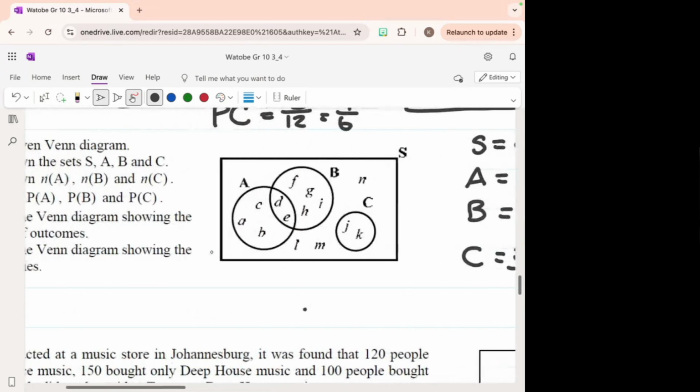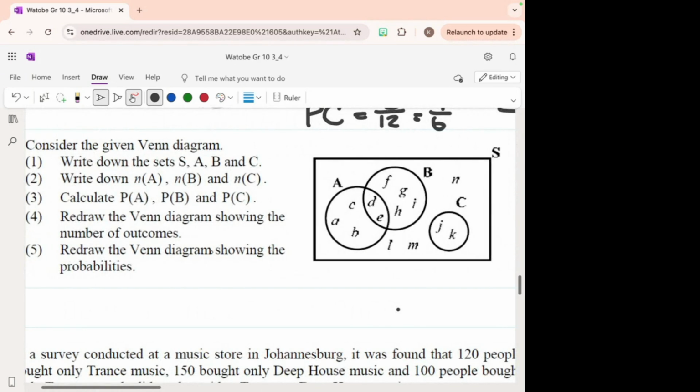The next question says, write down the N of A, the N of B, and the N of C. What does the N stand for? It stands for the number of. So if I've got the N of A, I'm going to go here.